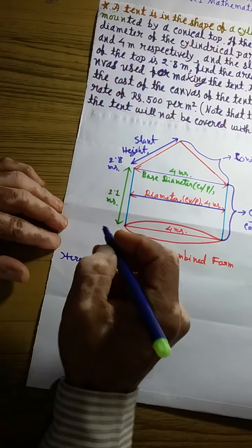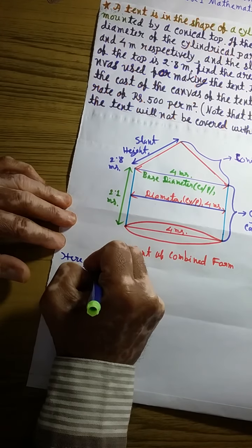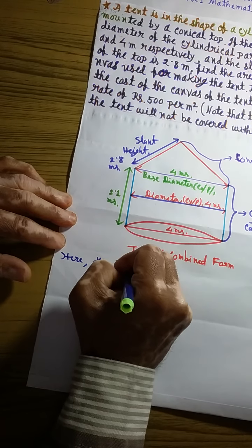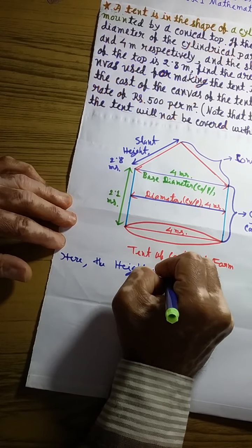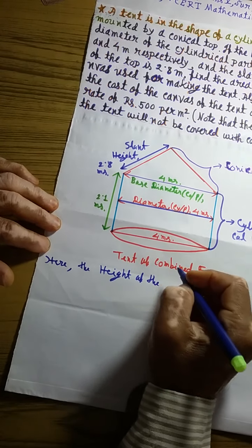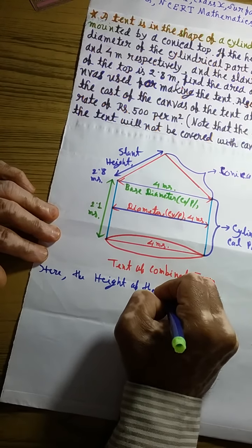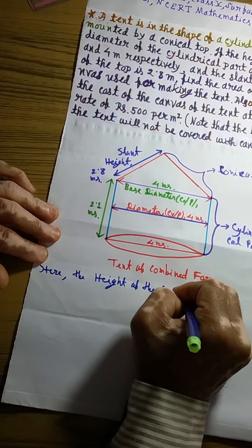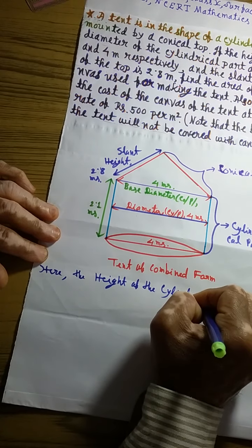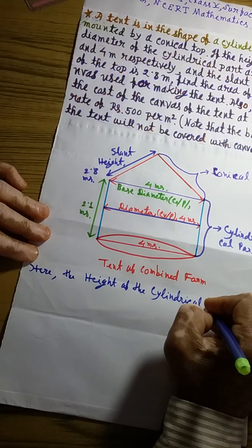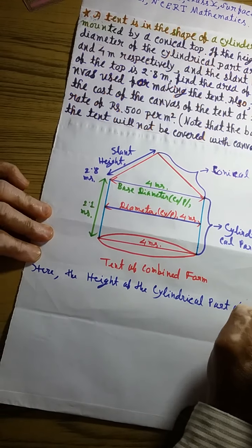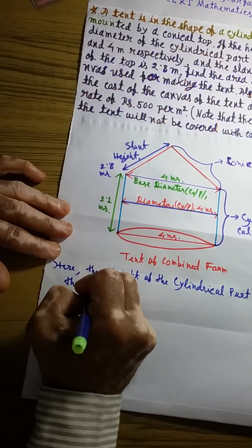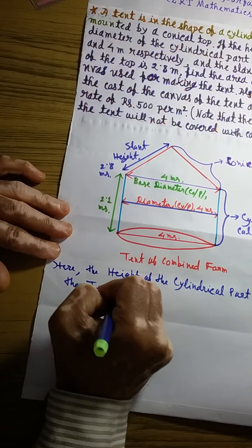Here the height of the cylindrical part of the tent is equal to 2.1 meters.